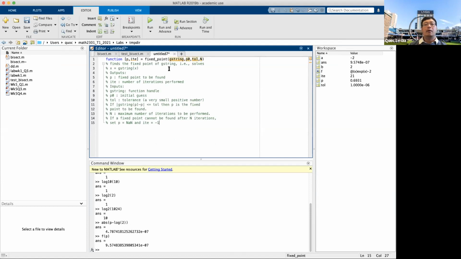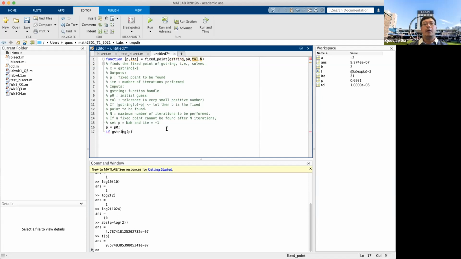So the function is fixedpoint. So like before, you can do some initial check. Suppose we set p equal p0 first. Okay, and if p0 is a solution already, then we don't have to do anything.